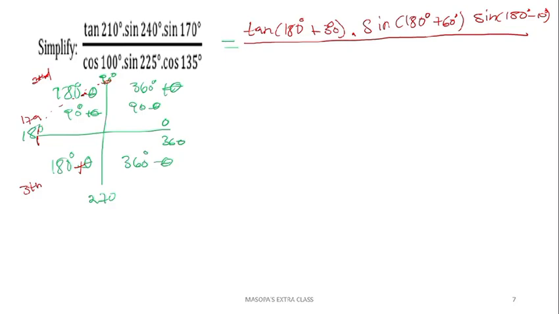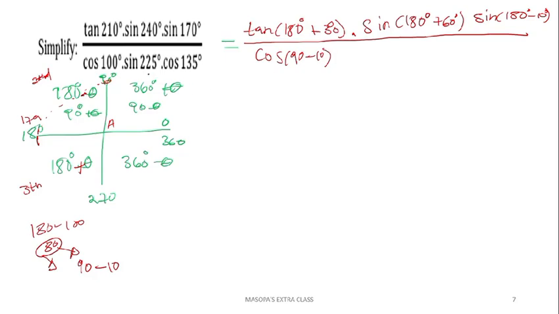That means that this corresponding angle you can easily reduce, 100 is 90 plus 10, and then you're going to say cos of 90 plus 10, because 100 is now in the second quadrant, so cos 90 plus 10.